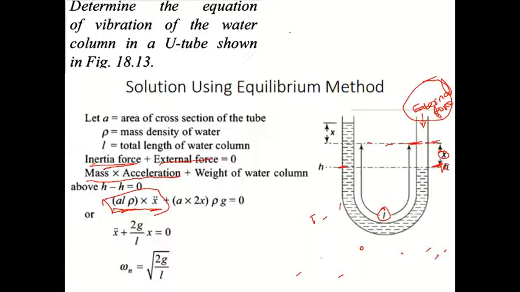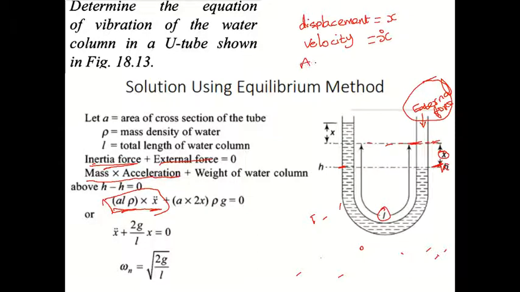I will write again. Displacement means the distance traveled by the water when the external force is applied, x. If you differentiate it once, you will get velocity.